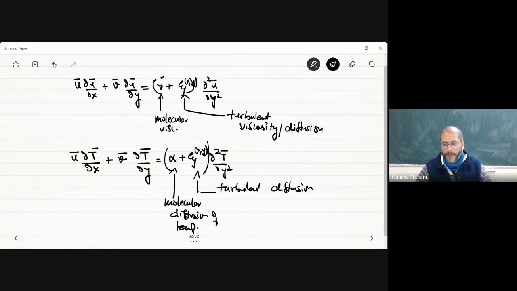Okay, so this was the diffusion of temperature because of the molecular effects, and this one, xi as a function of x and y, takes care of the turbulent diffusion because of the actual mixing or the jumping of the molecules from layer to layer.